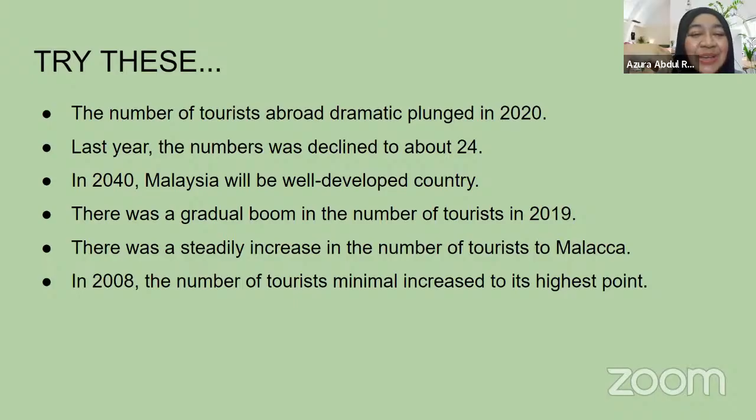Okay, next one. In 2040, Malaysia will be a well-developed country. What is missing here? Article?